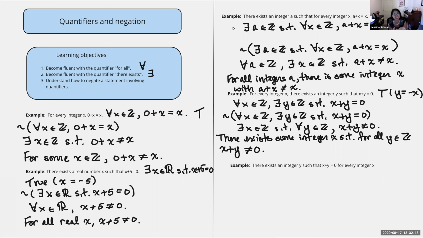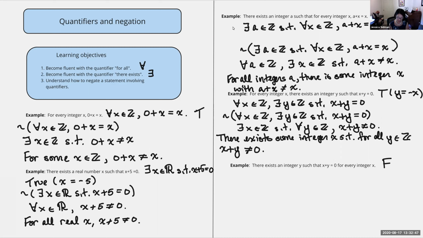It's not the negation, so it's a different thing entirely. So this statement, there exists an integer y such that x plus y is 0 for every integer x, is false. If you have an integer y and x plus y is 0, there's only one x that's going to work for it. It can't be true for all the x's, right?